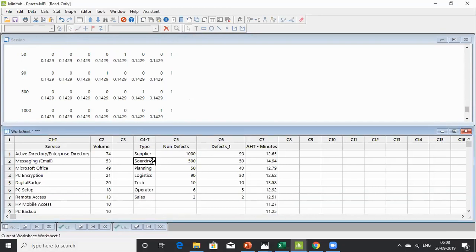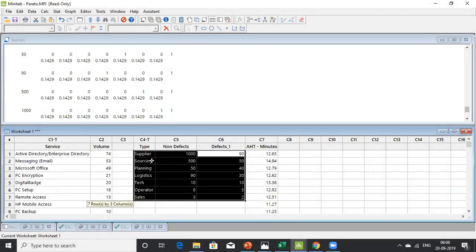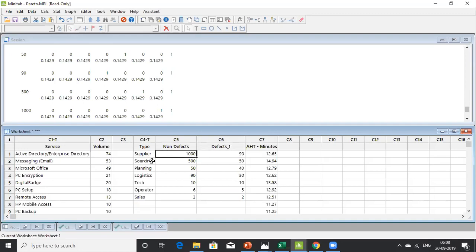So what I was trying to explain to you is that I plot the defects and non-defects against each of these variables, and then do a chi-square test. How the chi-square test calculates is, against this 1,000, you have 90 defects.